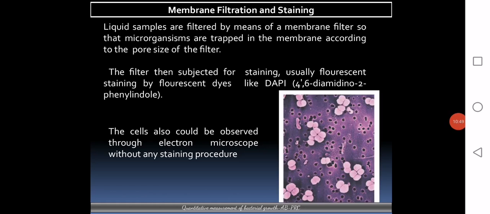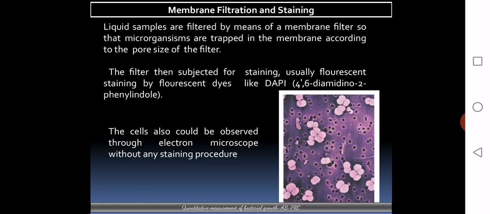Another method for getting the bacterial number is by membrane filtration followed by staining. Okay, one of the main limitations is that only liquid samples can be used for this method.